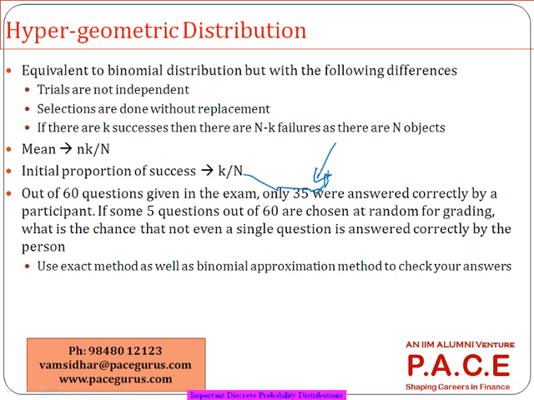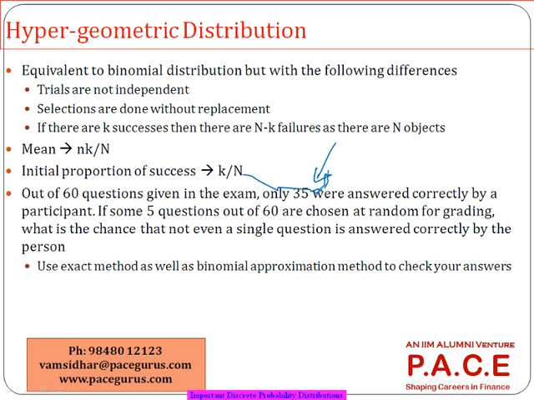But here my requirement is slightly beyond binomial. The second part of the question, if I take 5 questions, what is the chance that he gets 0, 1, or 2 correct, is a binomial distribution. But there is one more piece of information on top of that: out of the 60 questions, he got only 35 correct.